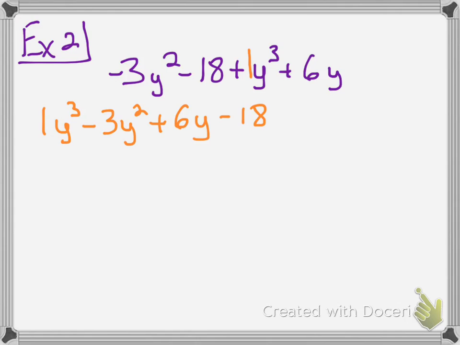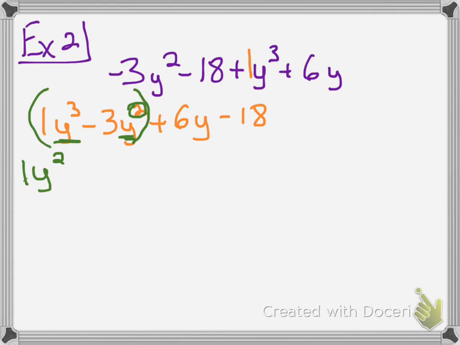Now let's focus on one pair of terms at a time. Let's find the greatest common factor of these two terms. The greatest common factor of 1 and 3 is going to be 1. Since they both have the variable y, I can factor y out, but I can only use the smallest exponent, because that's the most y's I could take out of this whole expression.